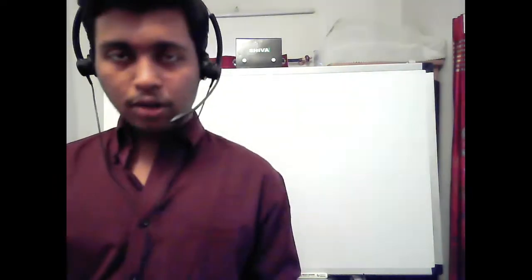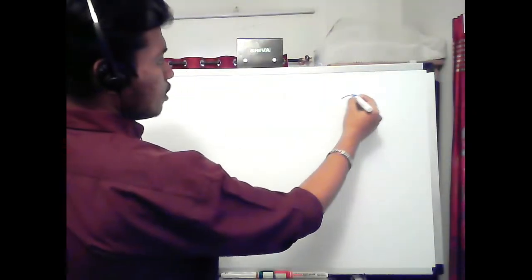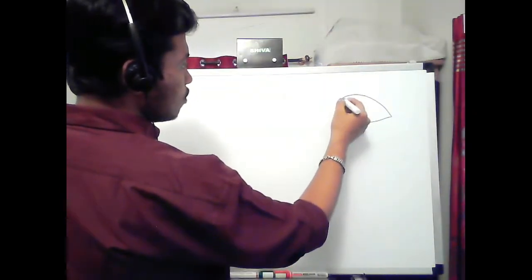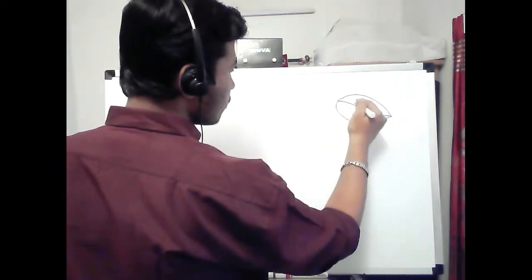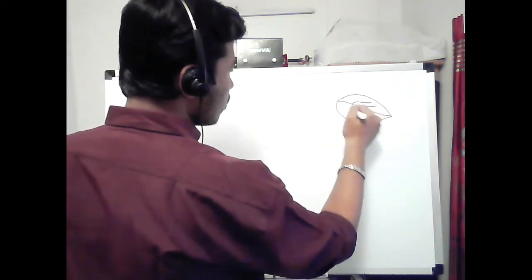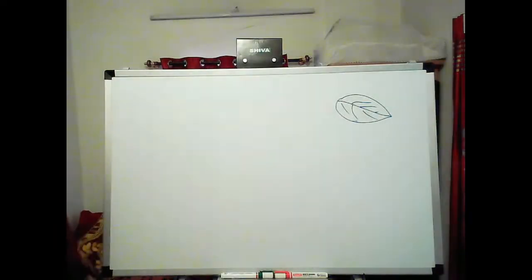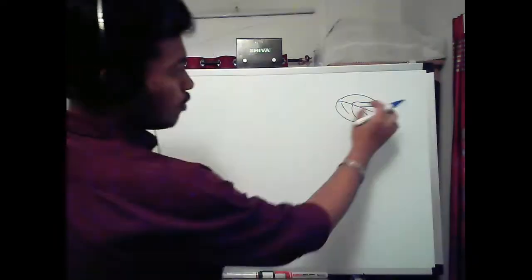Right now let us take a cross section of a leaf and see what all is present in a small cross section of a leaf. This is a leaf, we all know that. But this time, when we are taking the cross section, we won't take it from here.